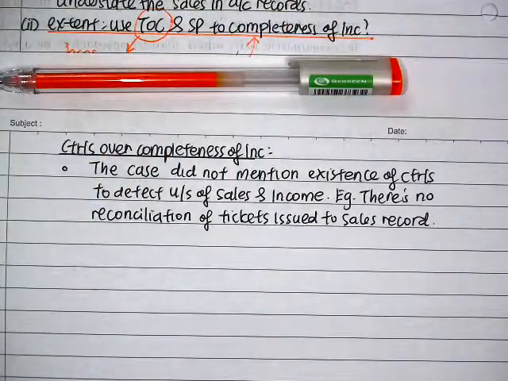I mean, the easiest way for us to know if the sales are understated or not is you count how many tickets you issue and then you check how much sales you achieve. But you see, the question never says that, right? So it's not mentioned. They did mention that they will be counting the cash, this and that, but they didn't mention about checking understatement.